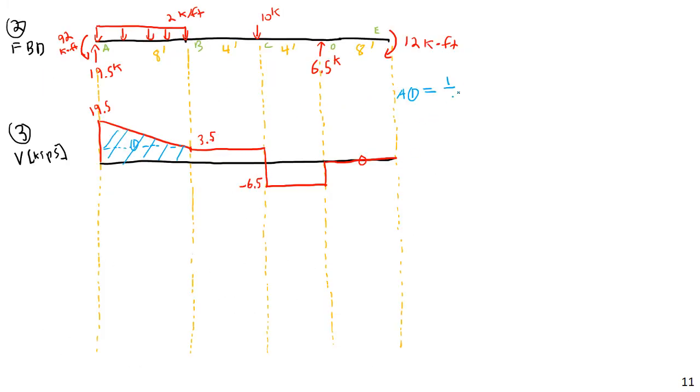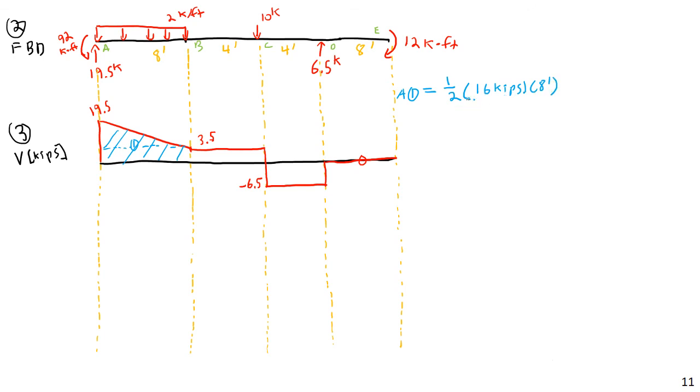The area of that triangle is going to be 1/2, and the height of that triangle is going to be 19.5 minus 3.5, or 16 kips, times a length of 8 feet.